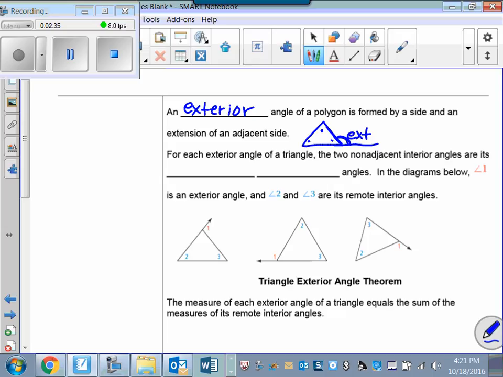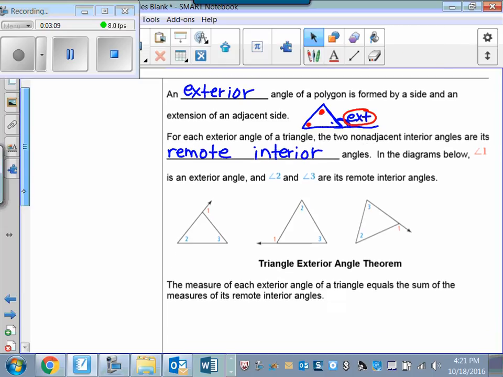Now for each exterior angle of a triangle, the 2 non-adjacent interior angles are its remote interior angles. So in this little diagram I drew here, for this exterior angle, this angle and this angle are its remote interior angles. In other words, one of the angles will make a linear pair with that exterior angle. It's the other 2 angles that are the remote interior angles.